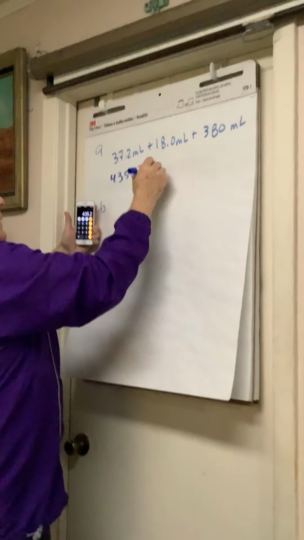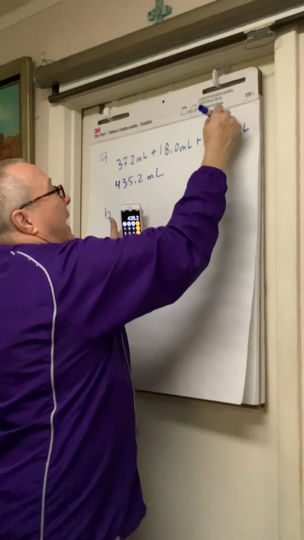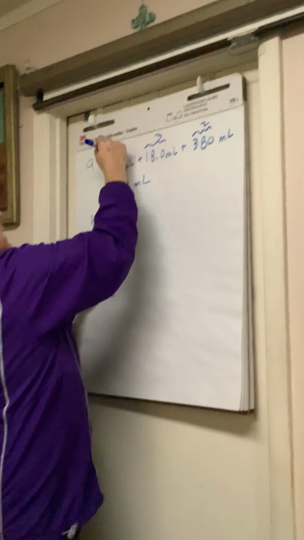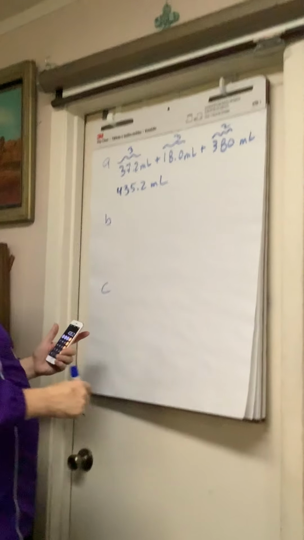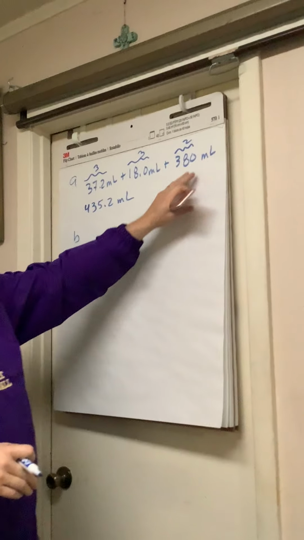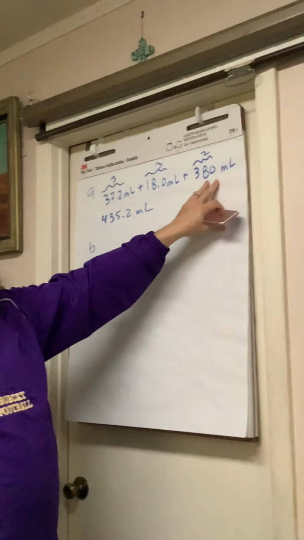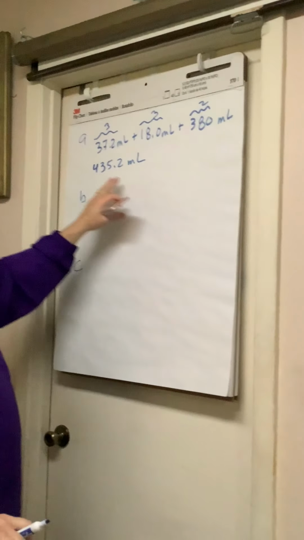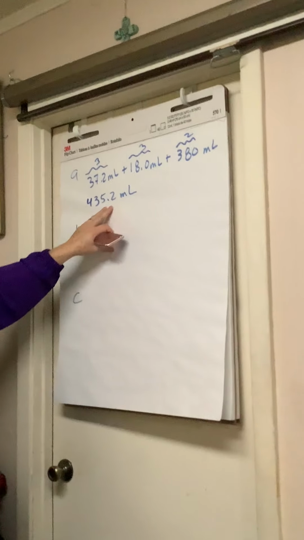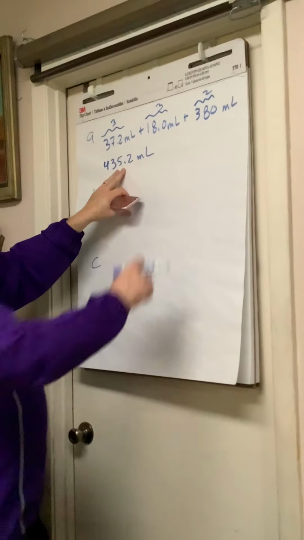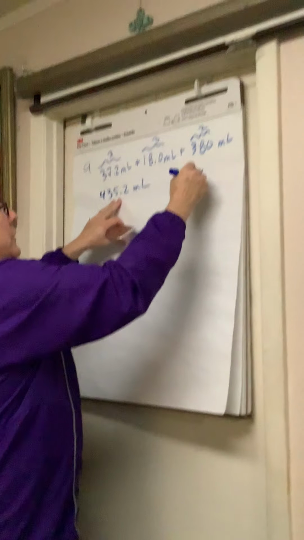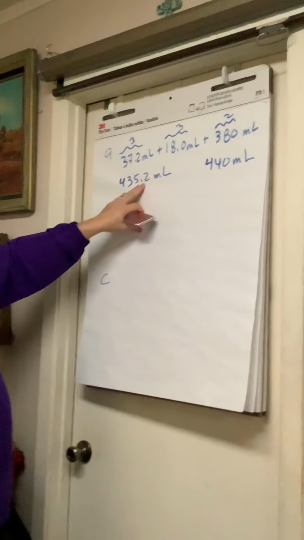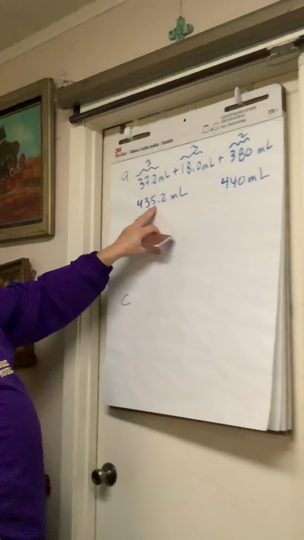I get my answer of 435.2 milliliters. But I only have 2, 3, and 3 sig figs, and I can't have any more significant figures than my least accurate number. So, if you want to know the truth, I would write this as 440 milliliters. I rounded up because I went over the 5 here.